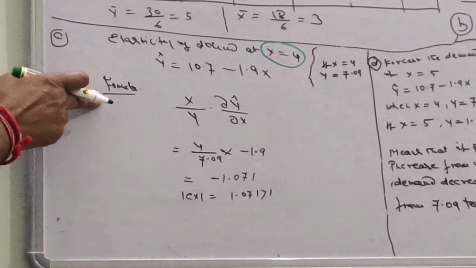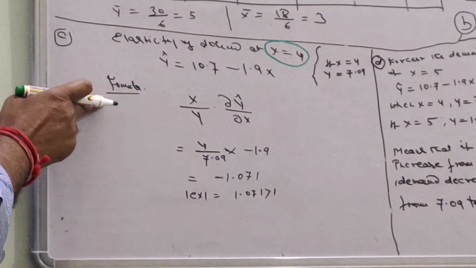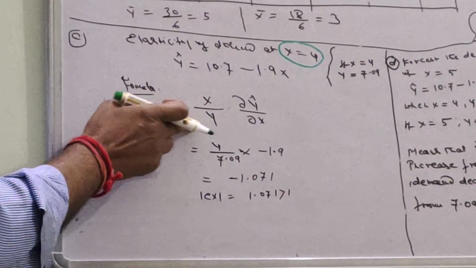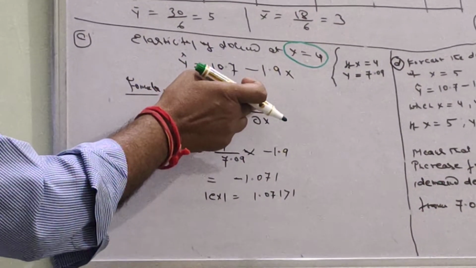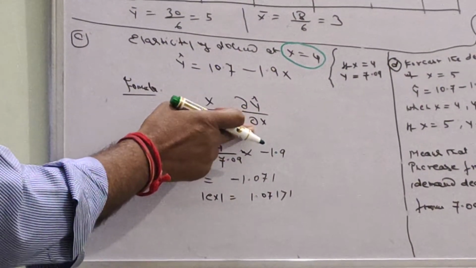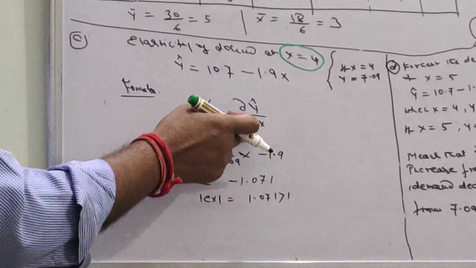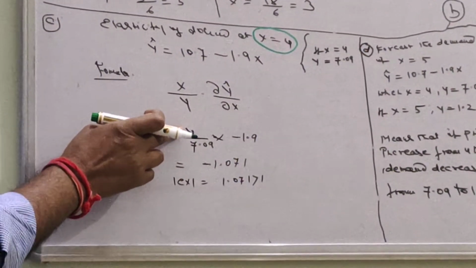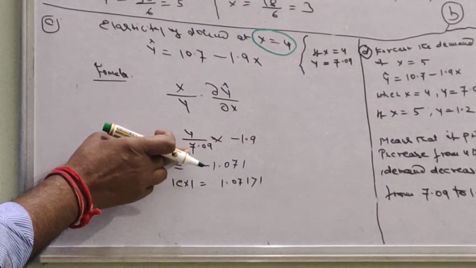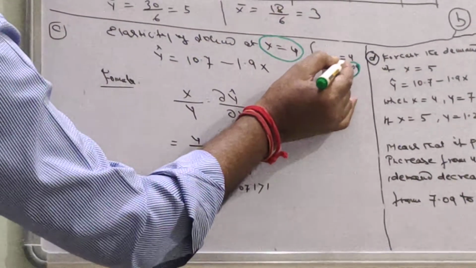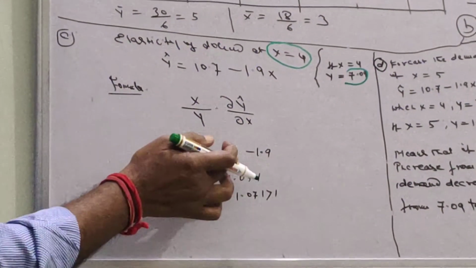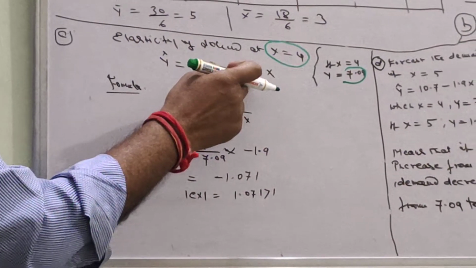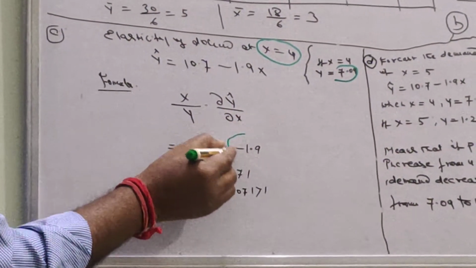And the formula for calculating elasticity of demand at a particular point is x by y into differentiation of y estimated with respect to x. X here is price. Now x is given, x is 4 and y value is 7.09, and when we differentiate this function with respect to x, we get this one.